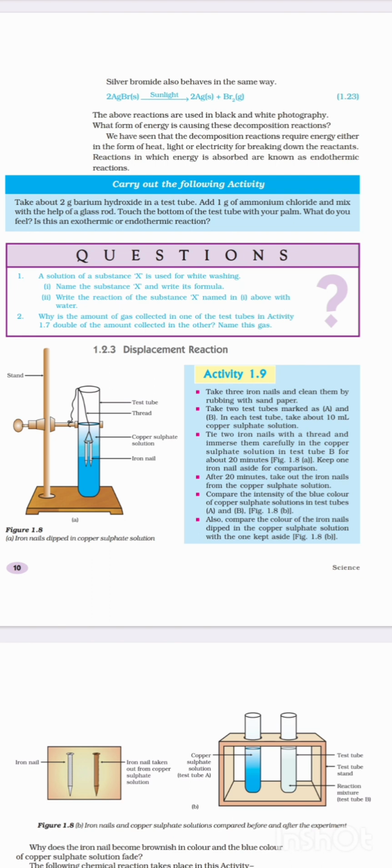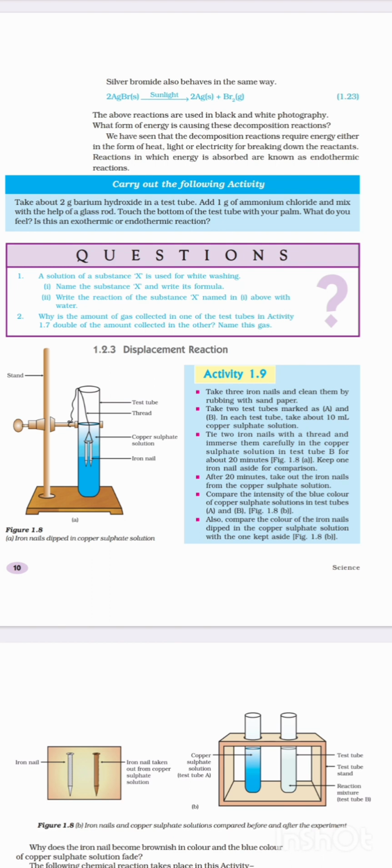Take 2 test tubes and mark them A and B. In each test tube, take about 10 ml copper sulfate solution. Tie 2 iron nails with a thread and immerse them carefully in copper sulfate solution in test tube B for about 20 minutes. Keep one iron nail aside for comparison.